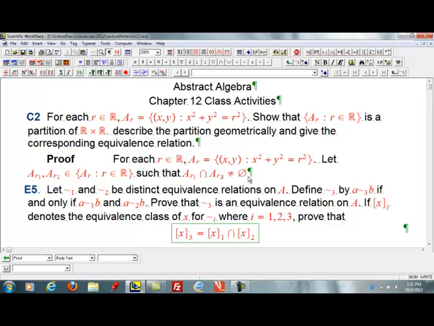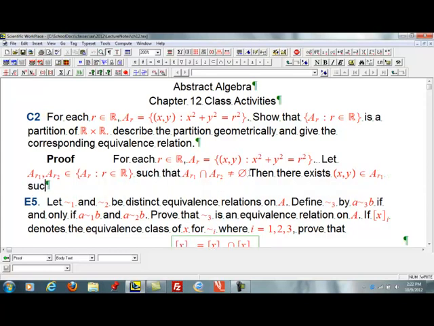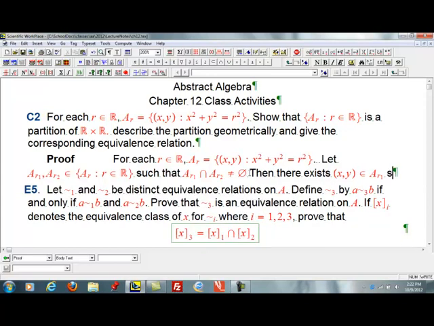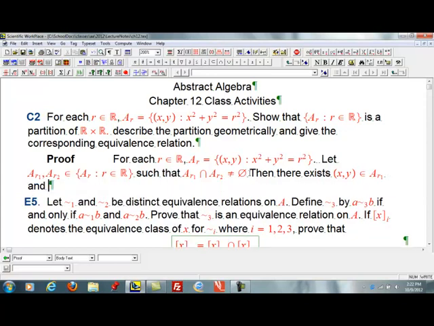So A R1 intersected with A R2 is not equal to the empty set. What does that tell you? That means there exists some xy in A R1 that is also in A R2. Then there exists xy in A R1 and xy in A R2. How about I write it that way?